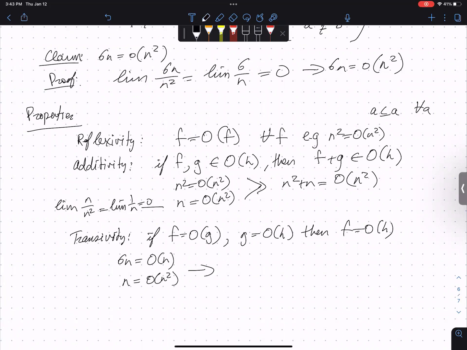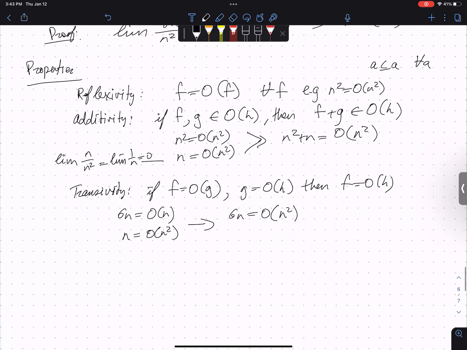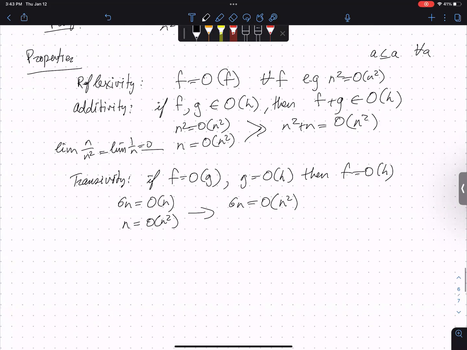So 6n is big O of n squared. This I wrote out for big O notation, but the same thing holds for omega, theta, and little o.